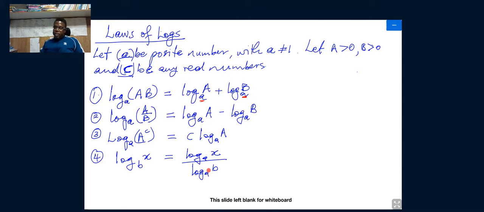We divide log x base A by log B base A. Here we see a change of base. This is a change of base. I think you get it.